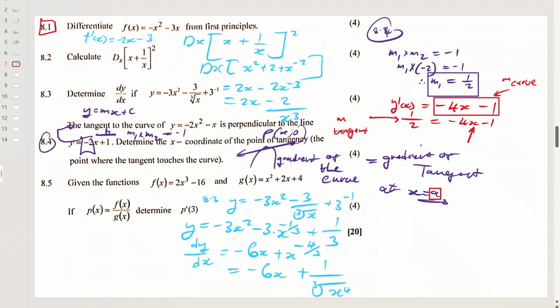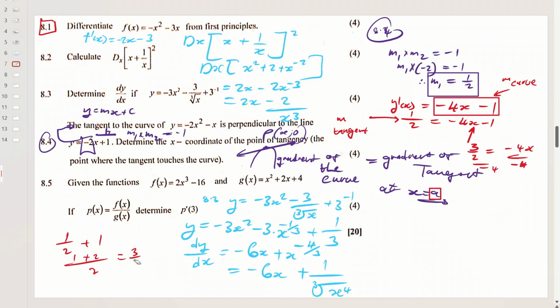We solve for x. Taking this to your left, you'll have one half plus 1, which is the same as 3 over 2. So you'll have 3 over 2 equals -4x. Divide both sides by -4 to solve for x.